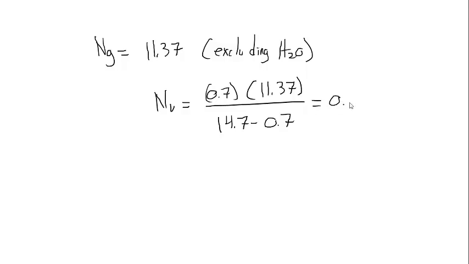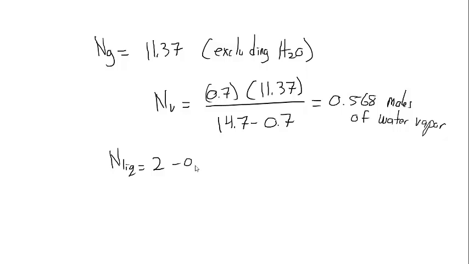This gives me the number of moles of water vapor, 0.568 moles of water vapor is present. So that means the number of moles of liquid water is, there's 2 total moles on the product side, minus the number of moles of vapor, which gives me 1.342 moles of liquid water.